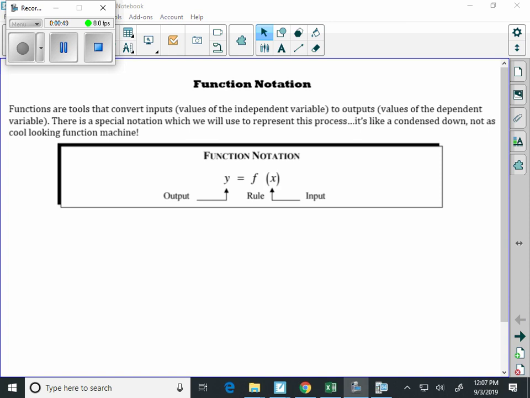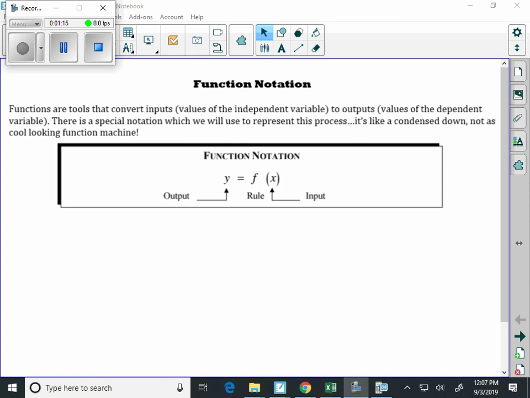As we take a look at this, functions are tools that convert inputs, our x values, which are also known as independent variables, to outputs. There's our range, our y values, our dependent variable. And there's a special notation which we use to represent this process, and it's down here in the box.